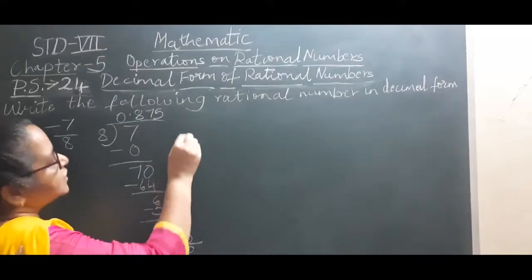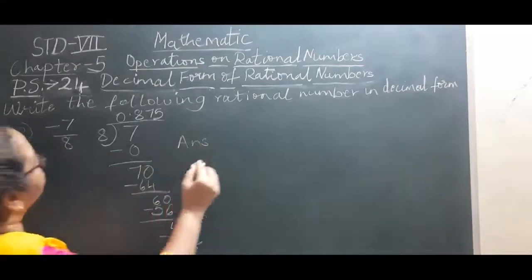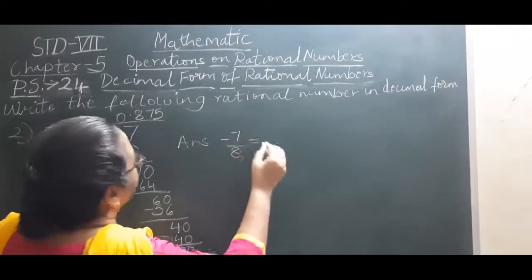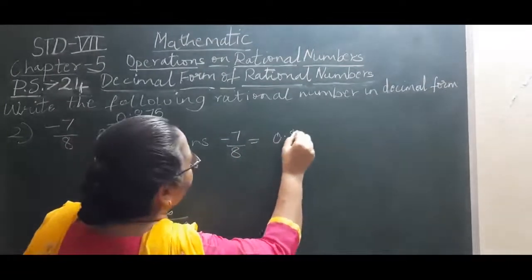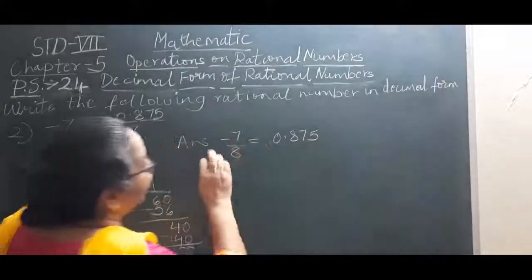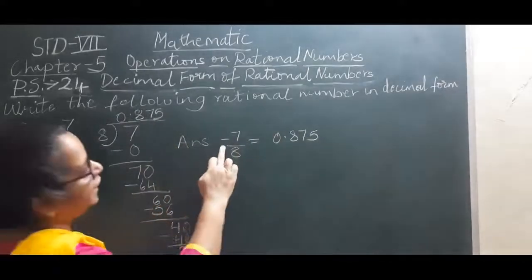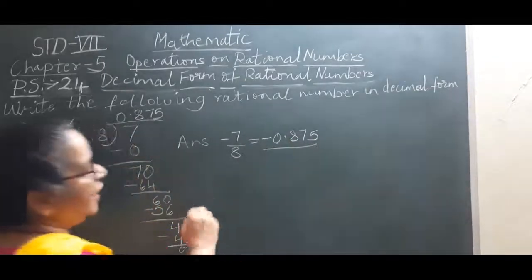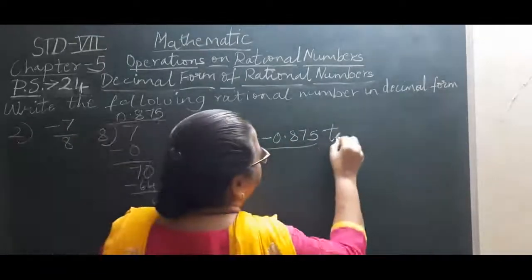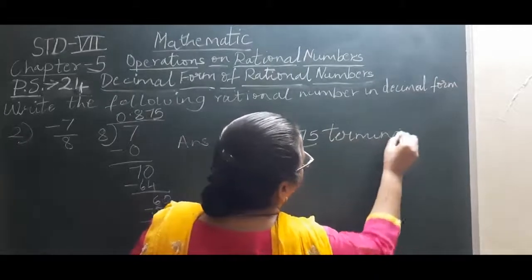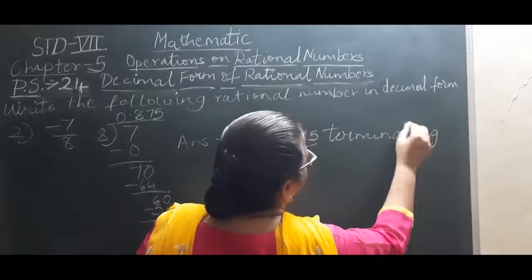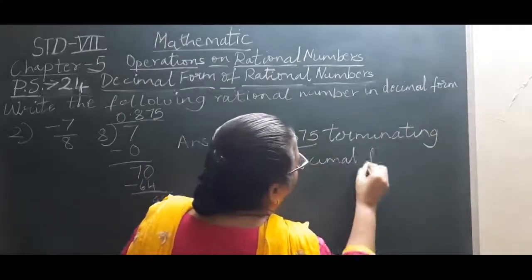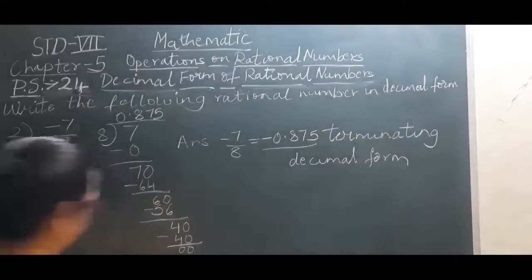So the answer for the fraction minus 7 by 8 is equal to 0.875. Now what are we going to do with this minus sign? We are going to put this minus sign as it is here. And it will be called terminating decimal form. Isn't it easy, children?